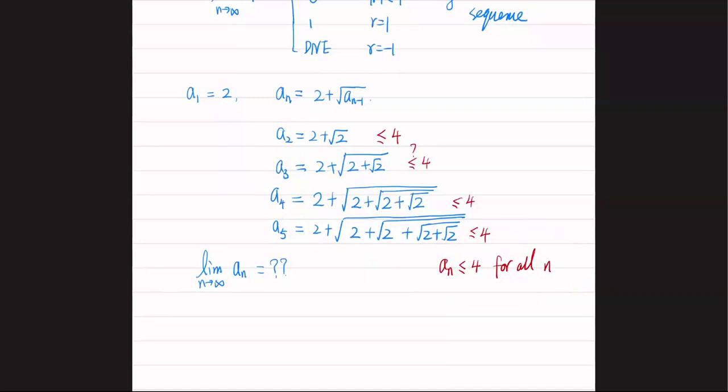Okay, so now we have an increasing but bounded sequence. So we know the limit exists. We don't know what it is, but we know the limit exists. Call it x. It's the first step: the limit exists.